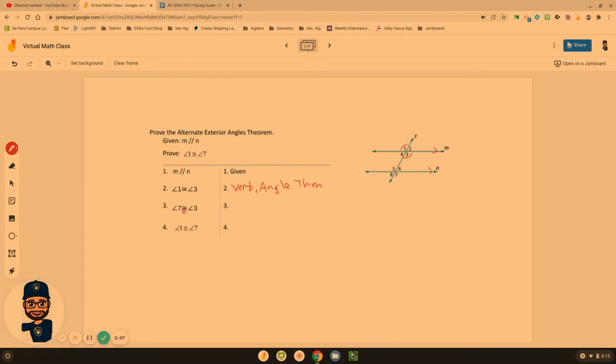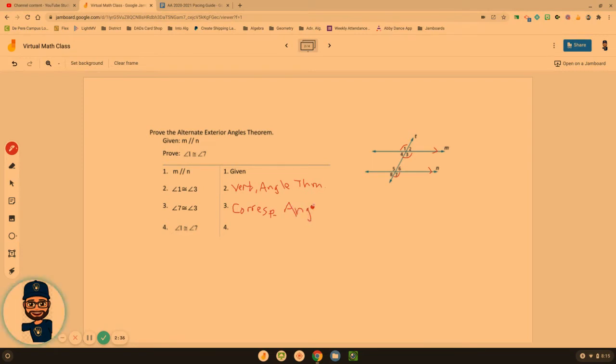Then they go, all right, well, since I know that I've got an angle 3 now, I also can conclude that angle 3 is congruent to angle 7. What allows us to say that those 2 angles are congruent? Well, those 2 are corresponding angles. So we've got the corresponding angles postulate.